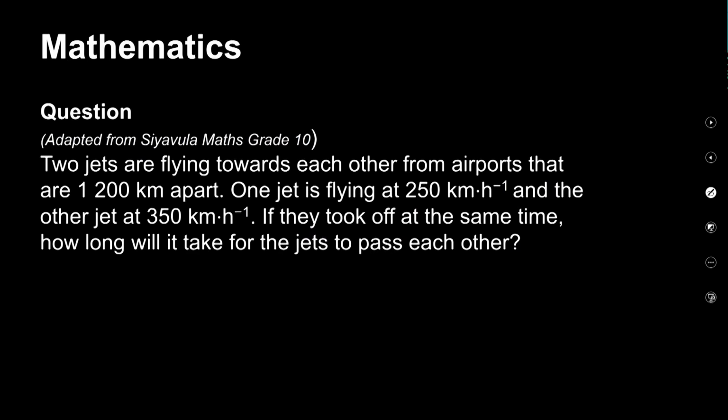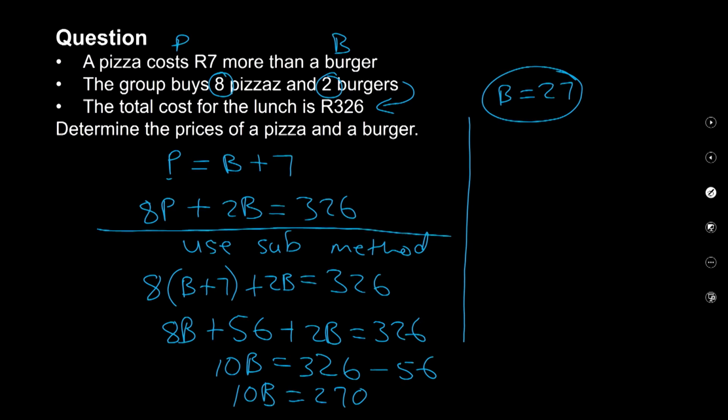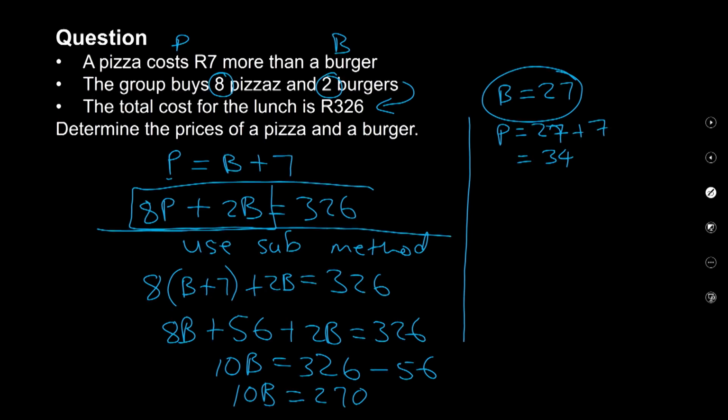So it means the pizza will be equal to 27 rand plus the 7 rand, which will be equal to 34 rand. Now, I just want us to verify whether what we've done so far is correct, by substituting it back here, so that I can get the 326 that they spent.